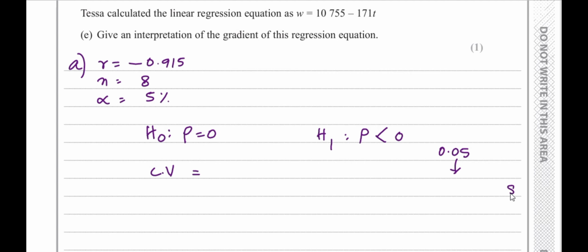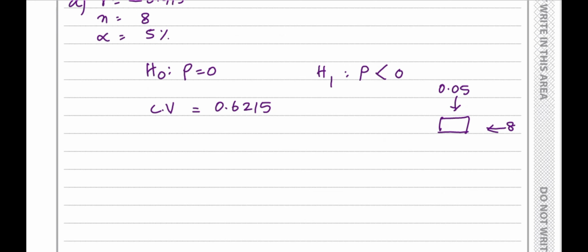So we have got 8 in the sample, right? Therefore, this number is the critical value for these two combinations. And looking at the table, I get the critical value to be equal to 0.6215.